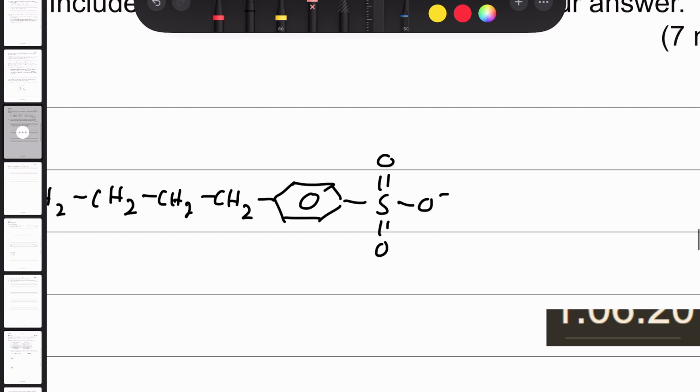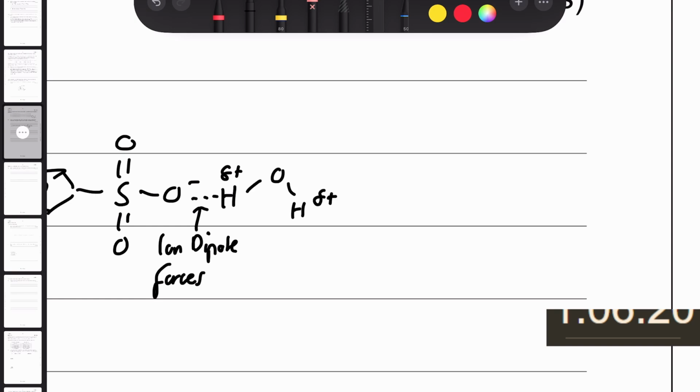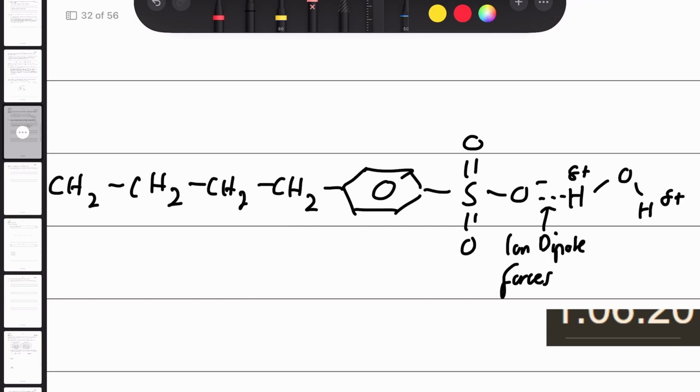O minus. Ion dipole forces. Okay, up to here. I'm going to continue.